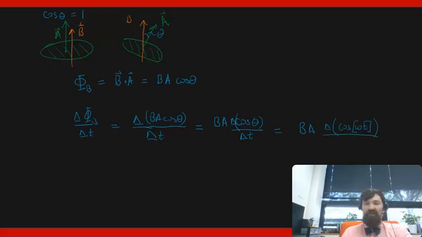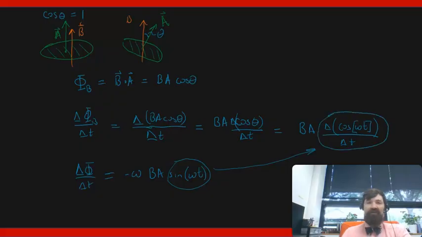So the rate change of cosine omega t, as it turns out, ends up being equal to essentially omega, or negative omega as the case may be, times B times A times the sine of omega t. It turns out that sine omega t gives you the rate change of cosine omega t.